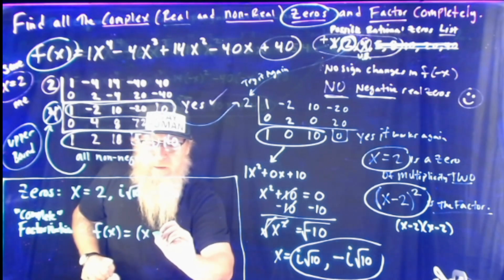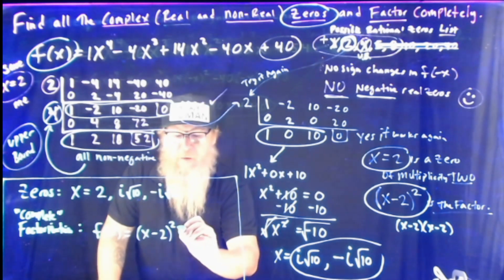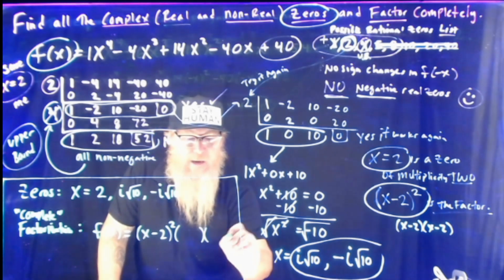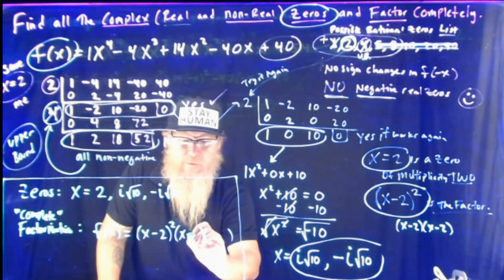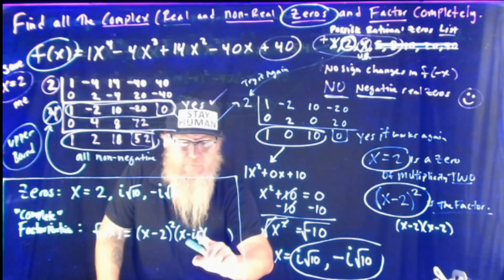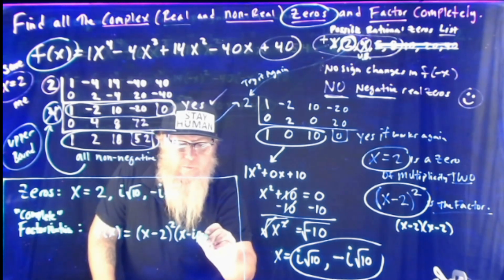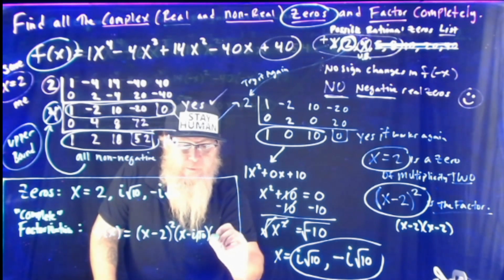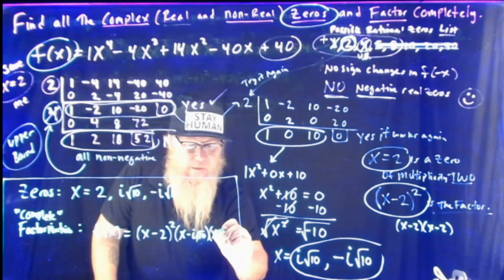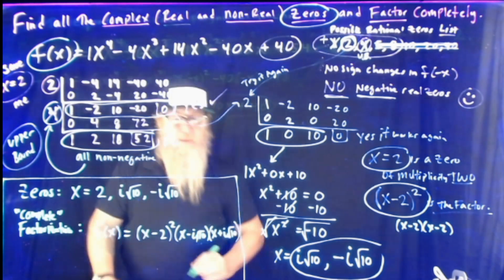I typically put the real factor first, followed by the two imaginary factors. Oh, not x, that's 10. Square root of 10. And one of them's negative, one of them's positive. And there you go.